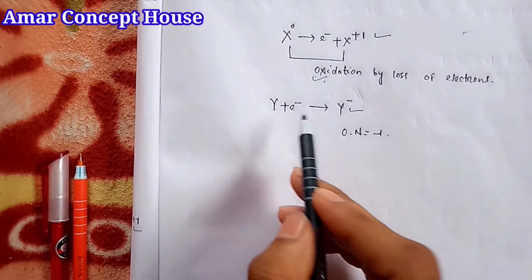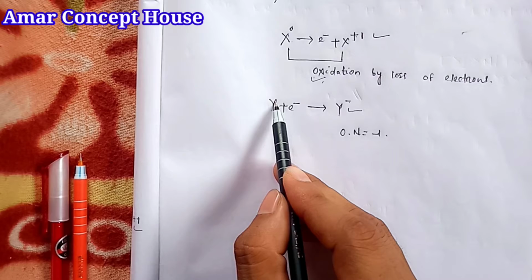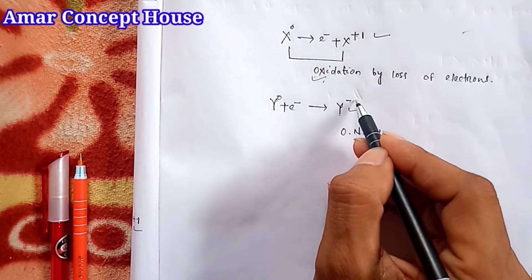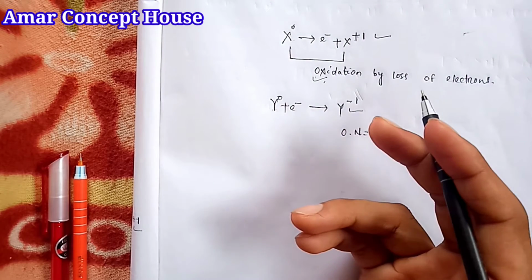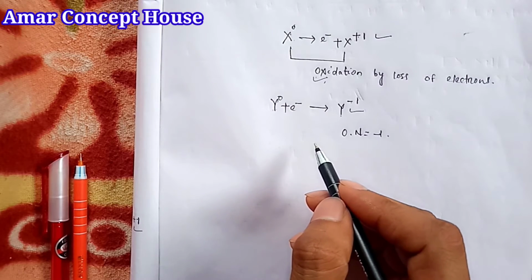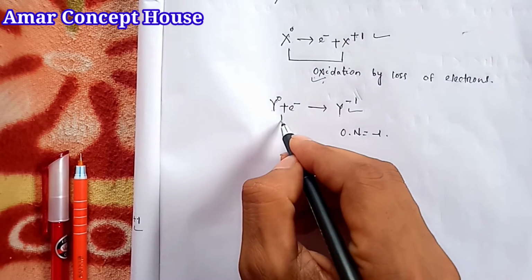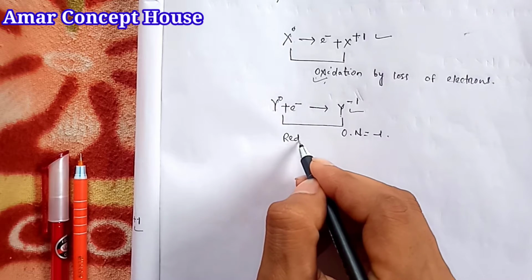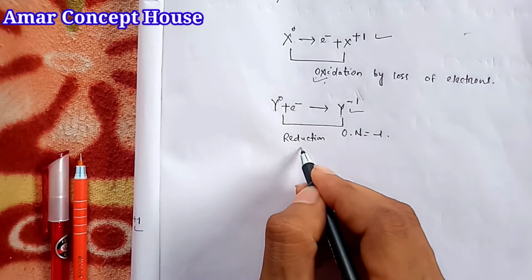Clear? Now what happened with the charge here? The charge decreased from 0 to -1. This is reduction. So reduction is gain of electron.